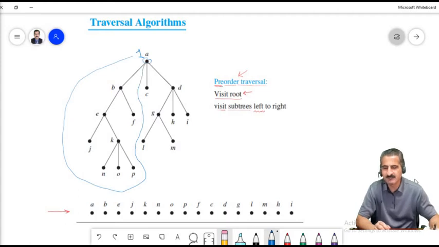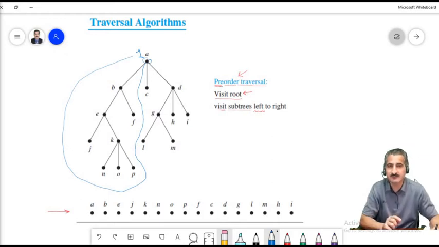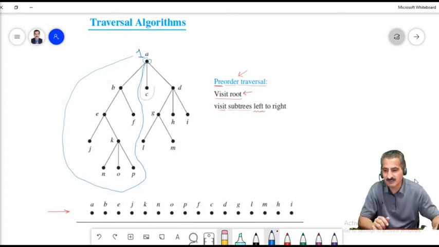Once I am done with that, then I go to the other subtree, but going from left to right. The other subtree is this second subtree, and then the third subtree will be this.